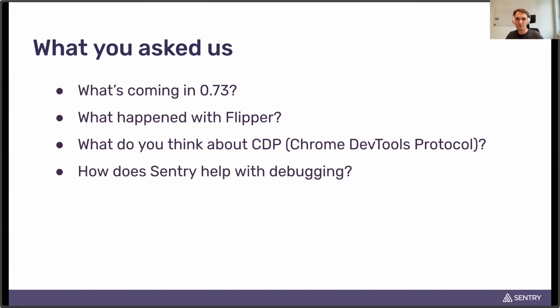And what am I supposed to do with this error? So we talked to the React Native team about this, and together came up with a solution of mixed stack traces to combine what happened in the JavaScript and what happened in the native module, and surface it to you as a user. So you know exactly what the core issue is, what the core problem is. And yeah, this is what Sentry is helping with in React Native.